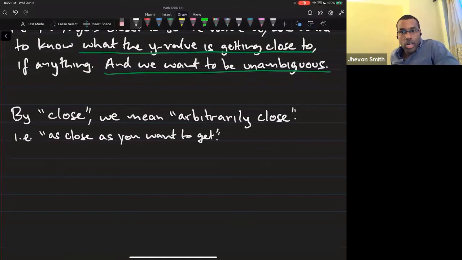We want to have an answer that no matter who's looking at the problem, they'd be able to say, yeah, that's close. I think that's close, right? We want to take out the vagueness of the word close. And that's where the specific definition is going to come in. We're going to tell you exactly what close means mathematically. If this definition is fulfilled, everyone would agree that you're close, regardless of how they think about closeness in real life. And so that's what the limit is about.